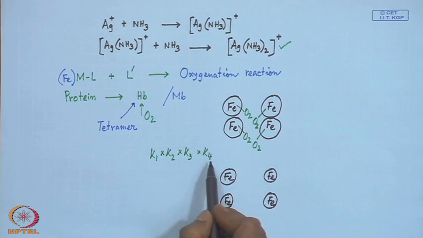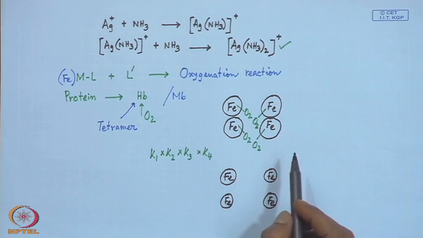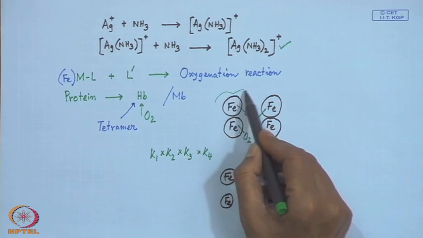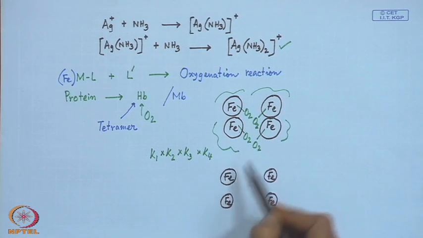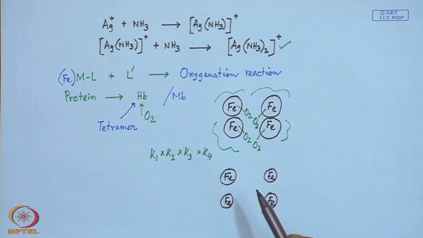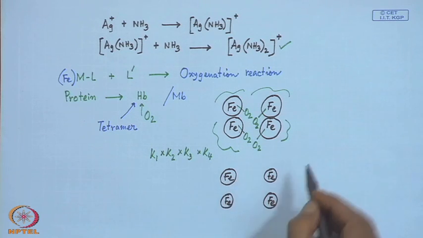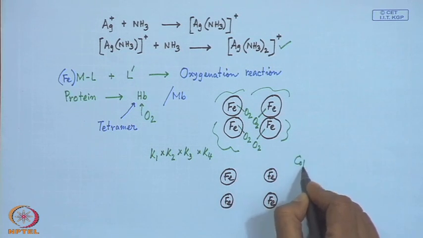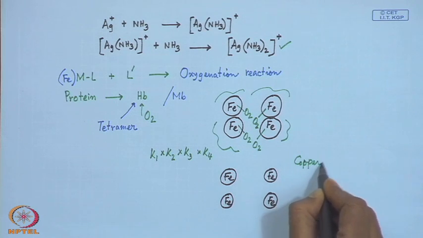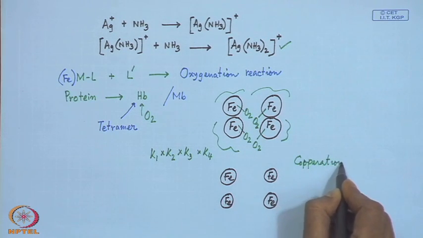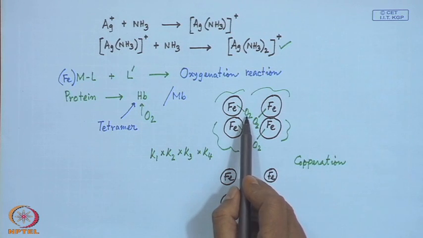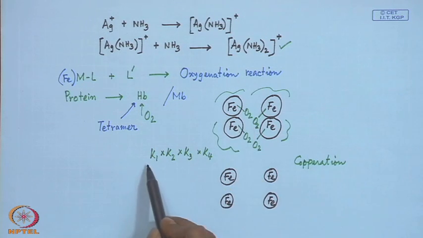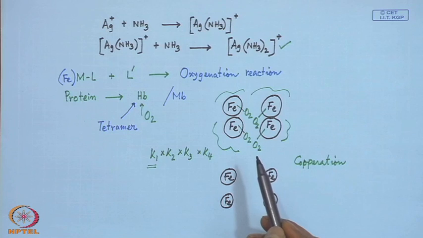How these values are interrelated will be seen if we know the corresponding protein envelope of the entire tetrameric structure. So, there will be a cooperativity, that means cooperation is taking place when the first center is getting oxygenated, that means when K1 is there.